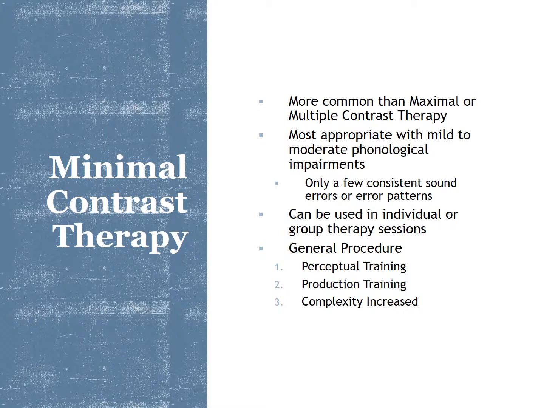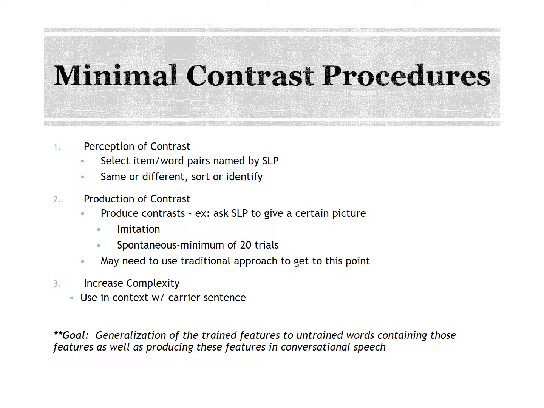And the general procedure consists of three areas. Those are perceptual training, production training, and then the complexity of the production is actually increased.